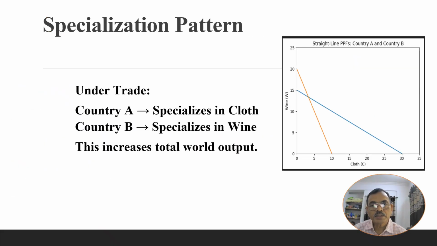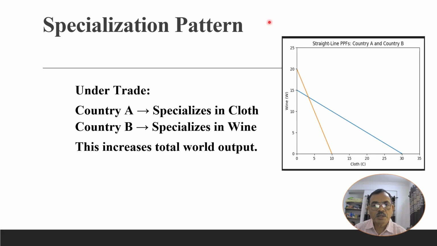Now let us discuss the specialization pattern under trade. Once trade is allowed, each country will specialize in producing the good in which it has comparative advantage. From our earlier calculation, we found that country A has comparative advantage in cloth because its opportunity cost of cloth is lower.